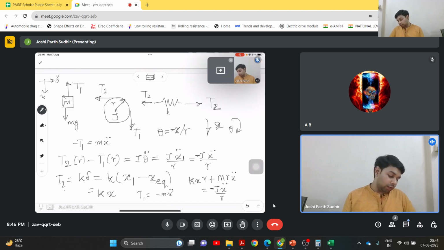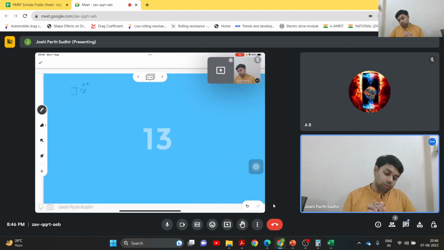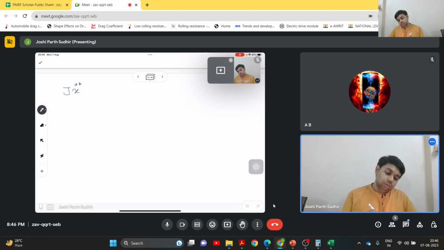Now if we multiply on both sides by r, we will get mr square x double dot plus kx. If we take the J x double dot term to the left hand side, we get mr square plus J into x double dot plus kx is equal to 0.